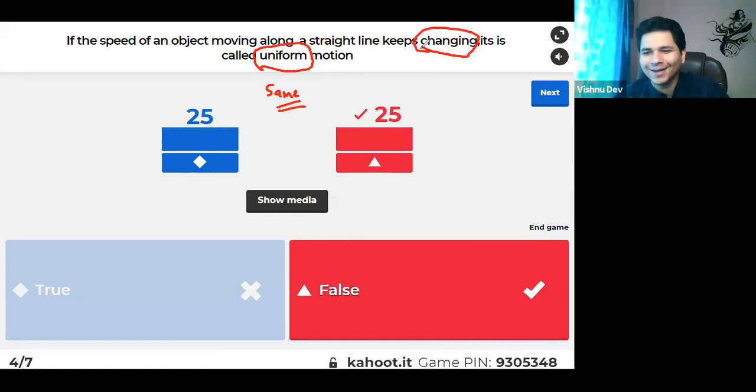It is given that it keeps on changing, and then they're asking about uniform motion. So this is a concept that I can understand from the question itself. But we will discuss in detail that uniform means speed is same. Uniform motion means same speed in same direction.